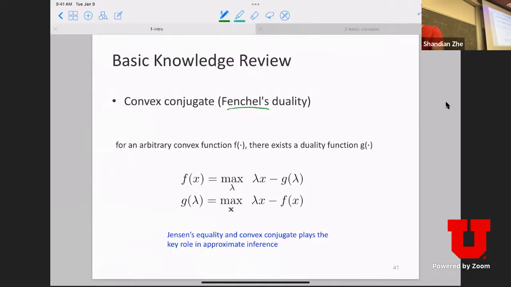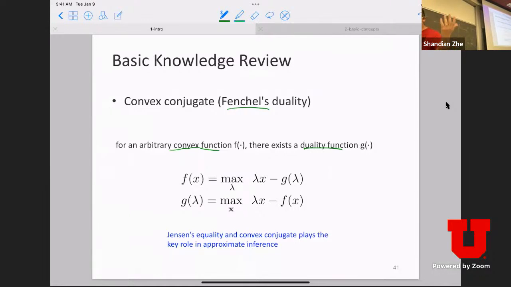For any convex function, the convex conjugate tells us there exists a duality function g. We can represent f in terms of g, and we can represent g in terms of f. That's why it's called duality.